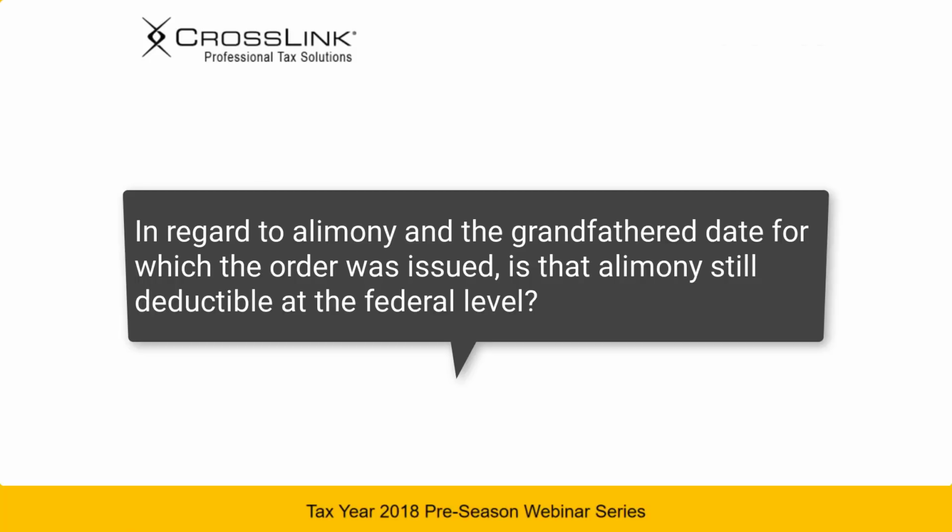It's not deductible and it's not reportable as income to the recipient. Divorce decrees before that, as far as I know, still apply. You'd still be able to deduct it and they'd have to report it as income. But once the divorce happens in 2019 and beyond, then those new rules go into effect.